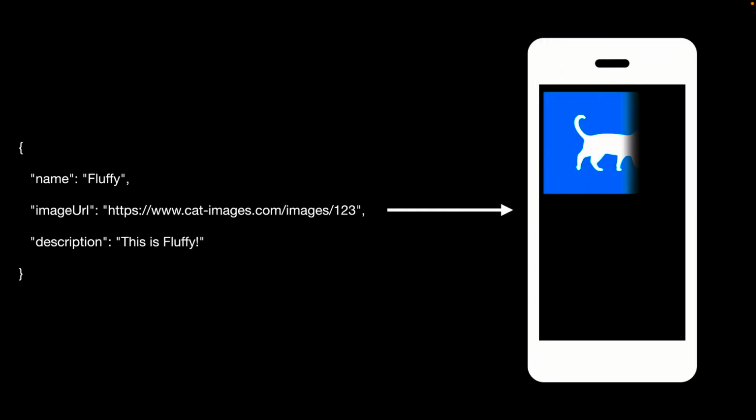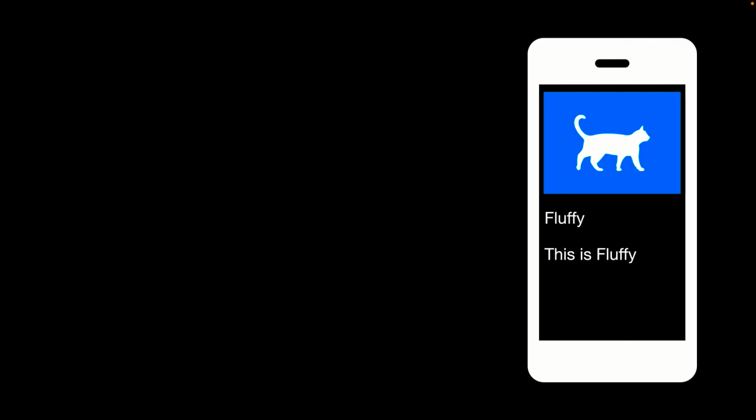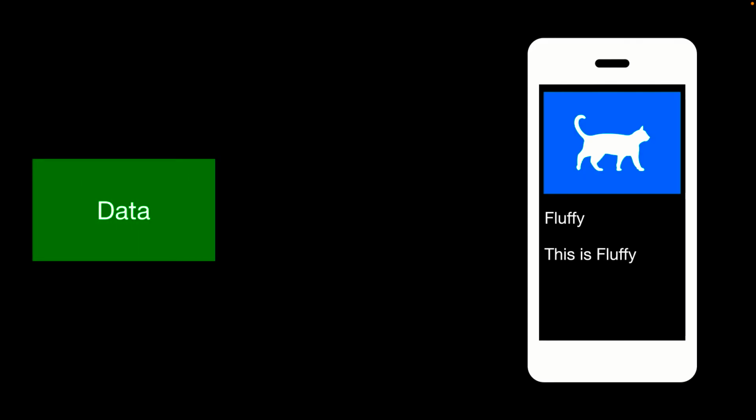The image may be represented by an async image view or some sort of an image view. The name will be represented by some sort of a text, as well as a description. So in this case, the server is actually sending you the data, and that data is presented on the client.